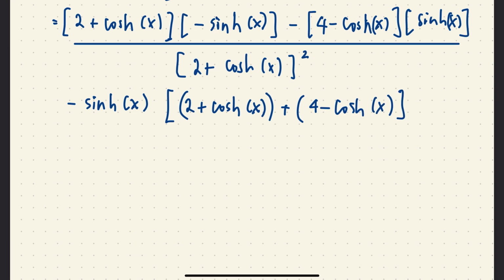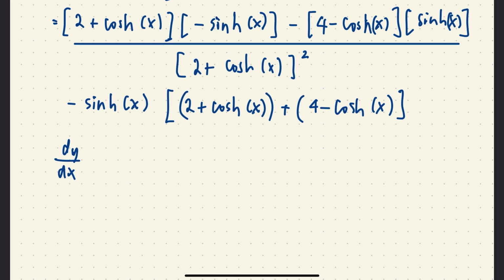As you can see, we can add 2 and 4, so it becomes 6, and hyperbolic cosine of x minus hyperbolic cosine of x cancels out.